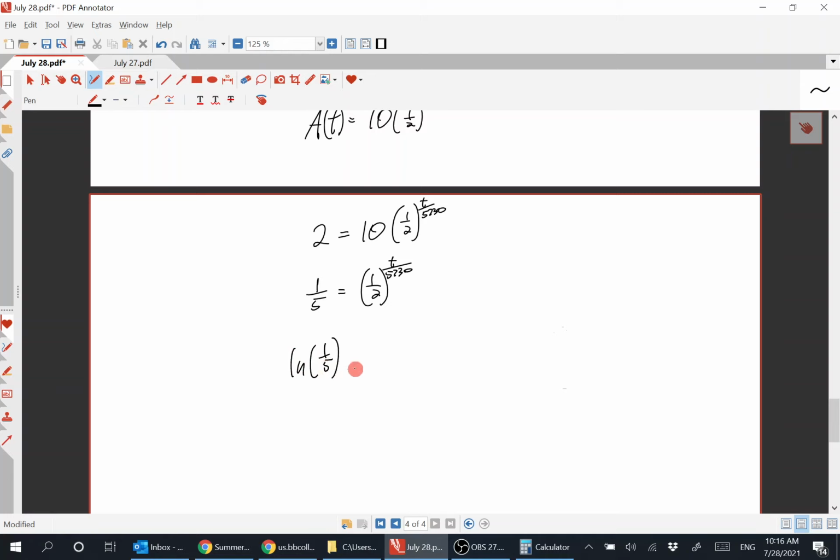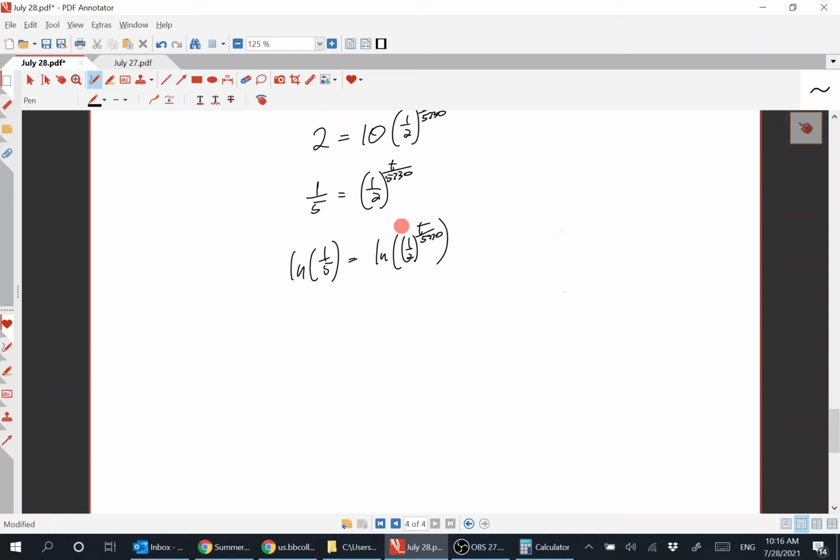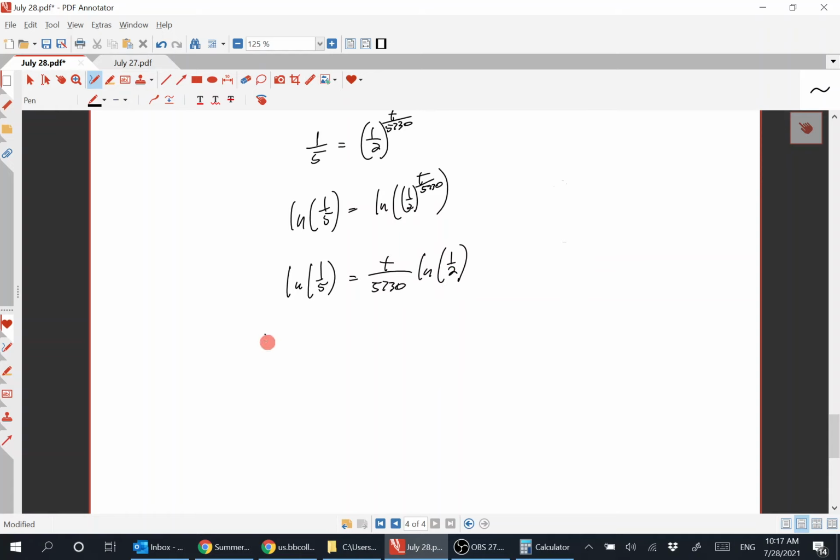So log of 1/5 is equal to log of 1/2 to the t over 5730. So now the exponent comes down. Now I'm going to divide by log of 1/2 and multiply by 5730.